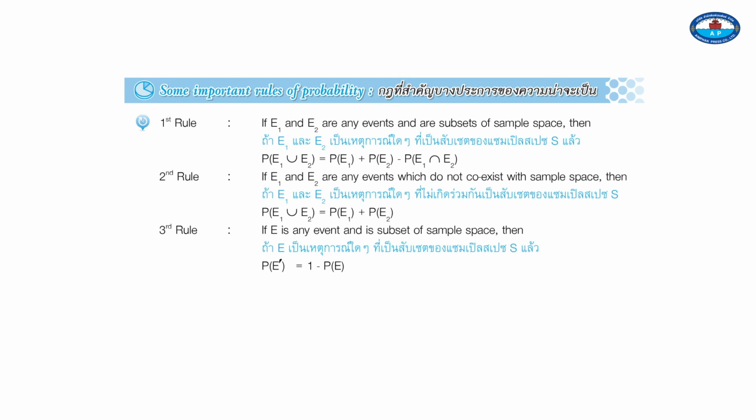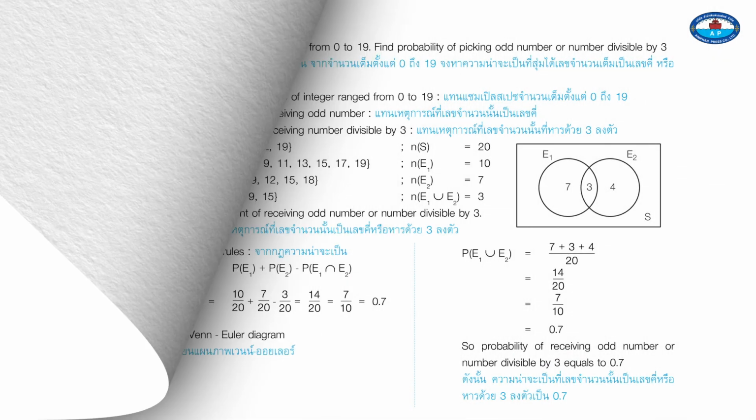Second rule: if E1 and E2 are any events which do not coexist in the sample space, then P(E1 union E2) equals P(E1) plus P(E2). Third rule: if E is any event and is a subset of the sample space, then P(E prime) equals 1 minus P(E).